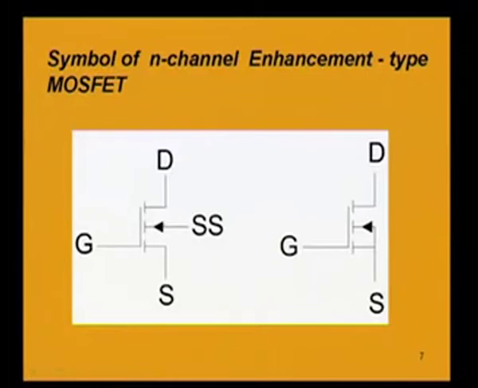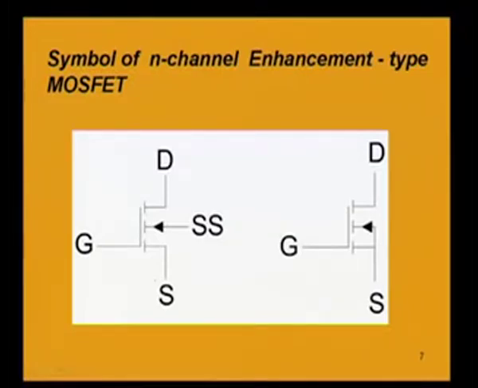This arrow mark is signifying the direction of current between P and N, because it is an N channel. In N channel, P is the substrate. So, the current is from P to N, that is the normal direction of current in a PN junction, that is significantly reflected by this symbol, and this symbol is for external connection of the substrate terminal.